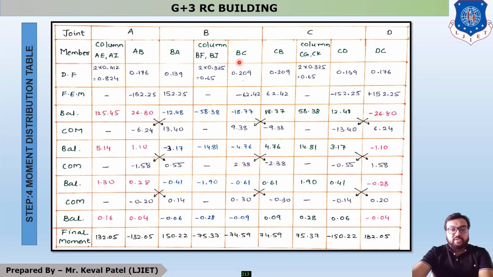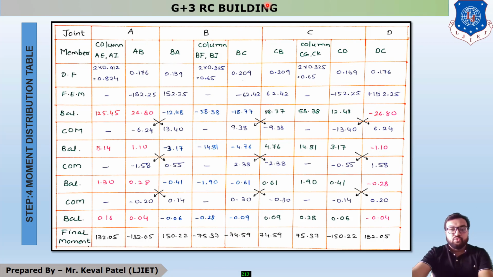Your last value is 0.209, and this is the mirror image from here. So the values are 0.209, 0.65, 0.139, and 0.167 on the other side.